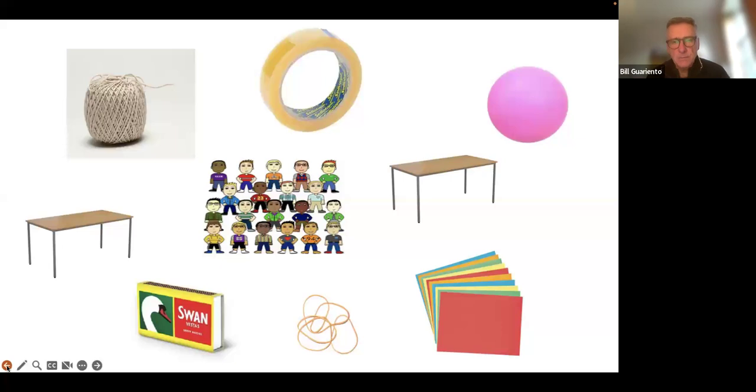So two approaches. Number one, put the students in groups and give them the materials. Approach number two, stand at the front of the class and show them the materials and say, in 30 minutes, I will give you the materials.